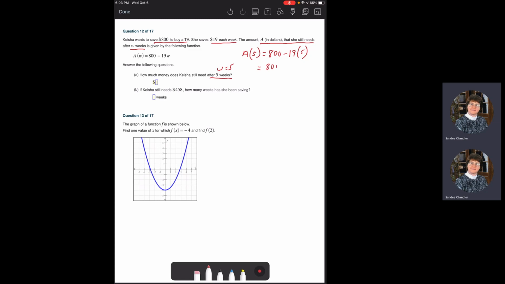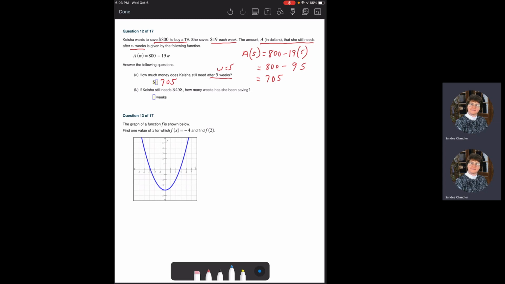That's going to be 800 minus 19 times 5 is 95. Get your calculators and check me. 800 minus 95 is 705. So it's $705 that Keisha will still need after 5 weeks.